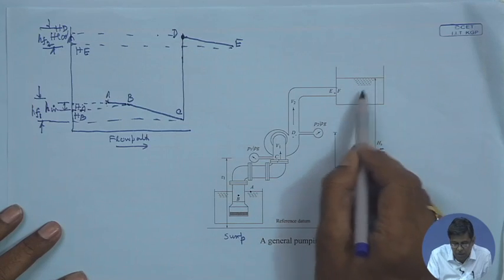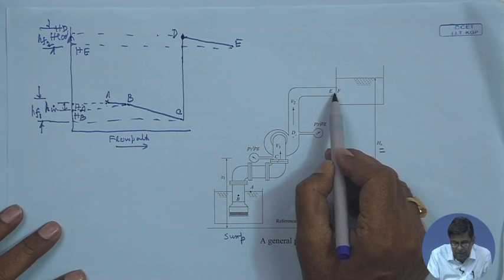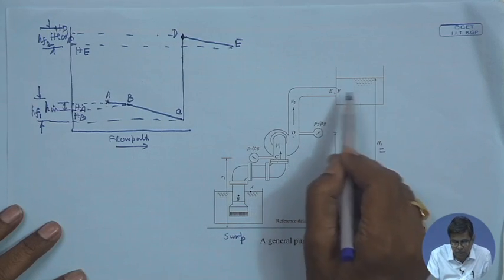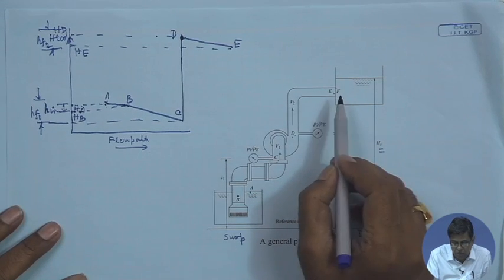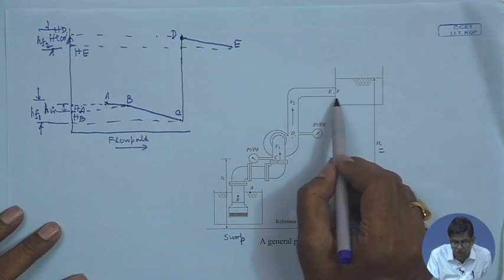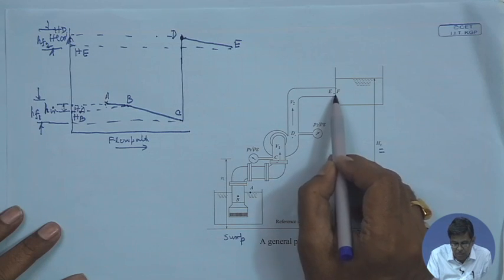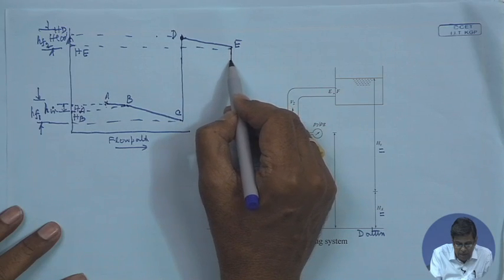There is formation of eddies and finally the liquid comes to rest. So this kinetic energy is dissipated, converted into intermolecular energy, and from the mechanical energy point of view we call it the loss of kinetic energy or loss of kinetic head. This is known as exit loss, and we denote it as HE.